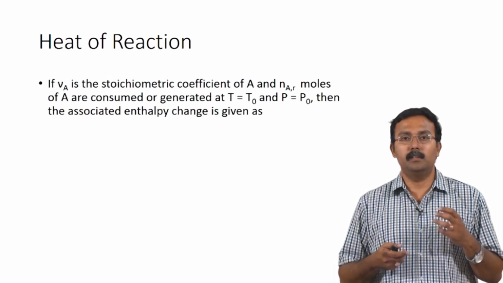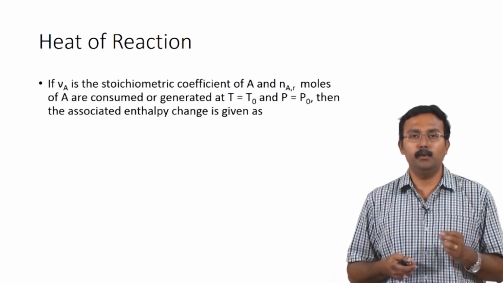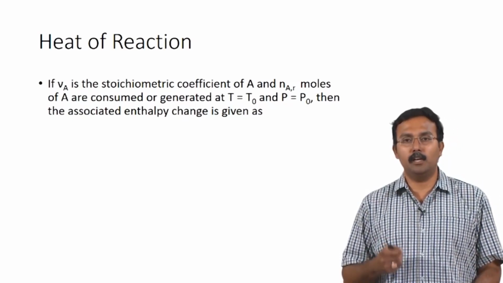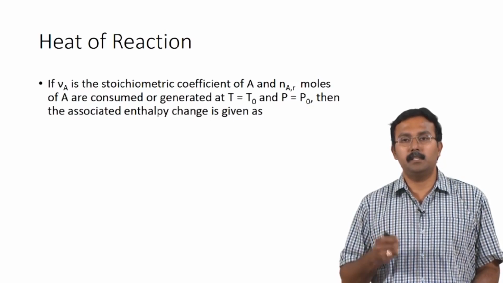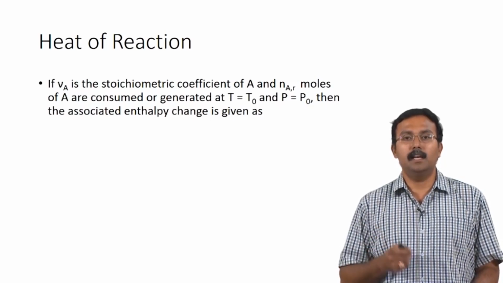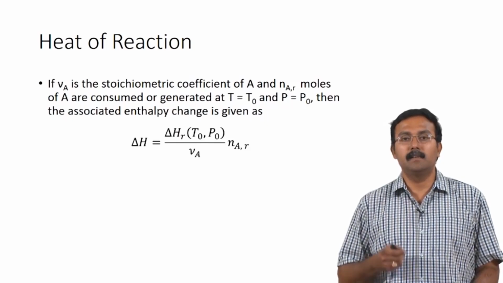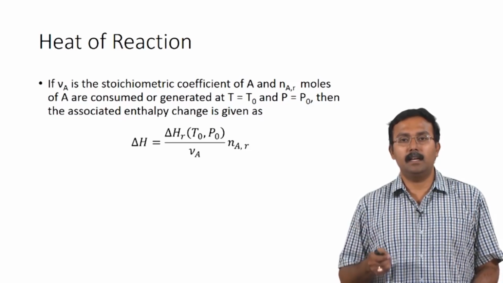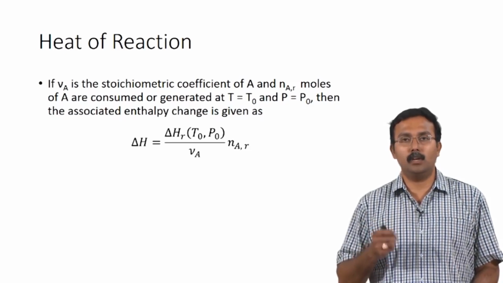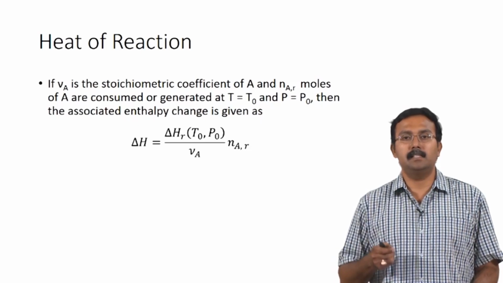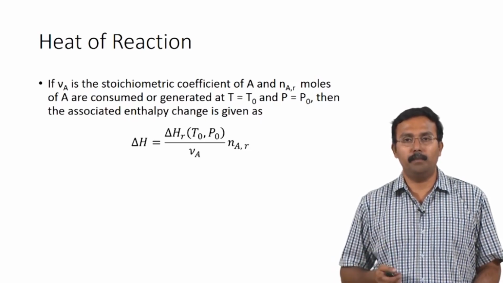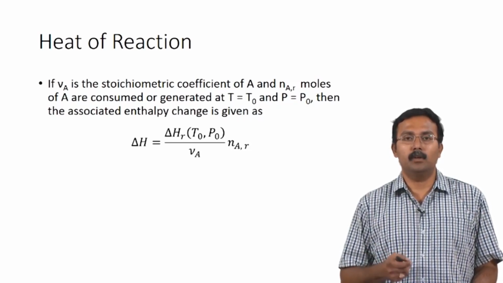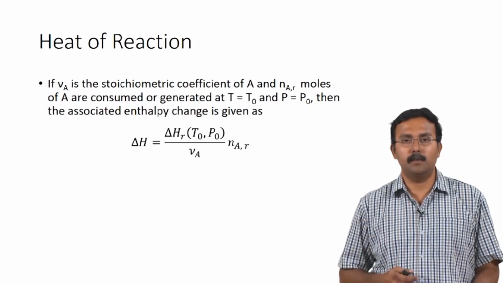So, if nu A is the stoichiometric coefficient of A and NAR moles of A are consumed or generated at temperature T naught and pressure P naught, then the associated enthalpy change is given as delta H equals delta HR times NAR divided by nu A, where nu is the stoichiometric coefficient, NAR is the change in the number of moles of a component and delta HR is the heat of the reaction. So, the total enthalpy change can be calculated this way.